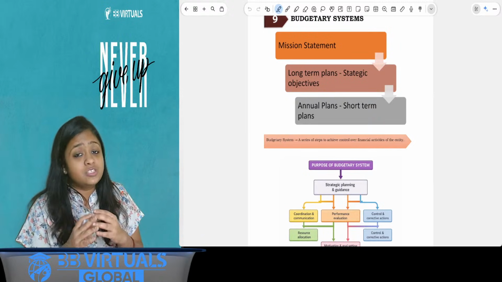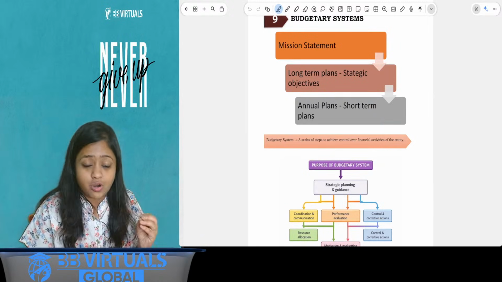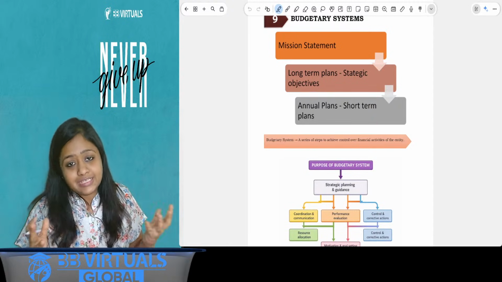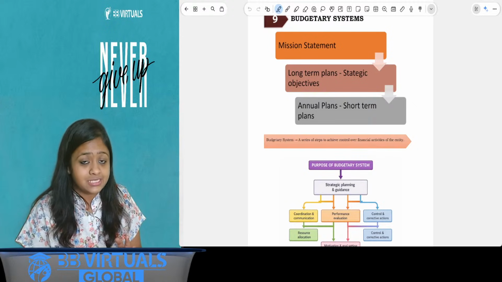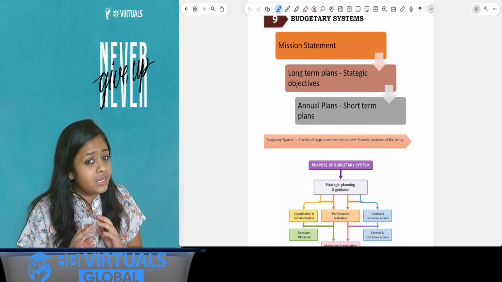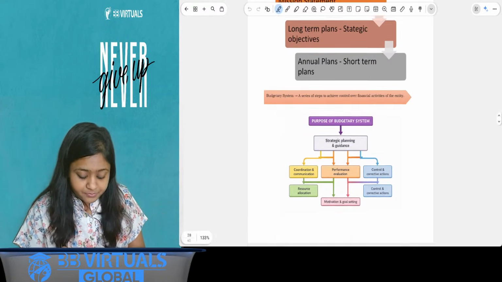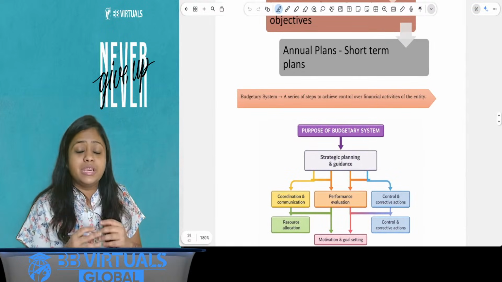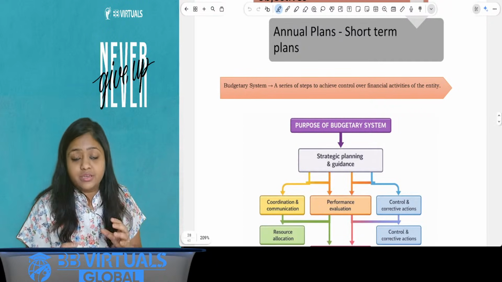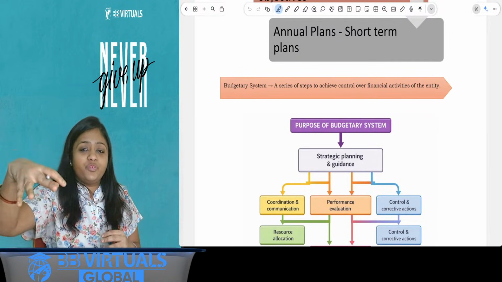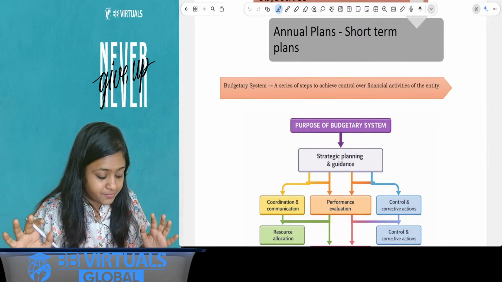And then it sets its annual plans, where come the short-term objectives that we call budgets, right? So budgets are nothing but short-term targets that are generally up to a year only and not beyond it. Now, what is a budgetary system? It is a series of steps so that we can achieve control over the financial statements of the entity. Clear?